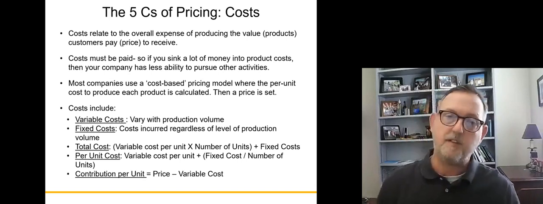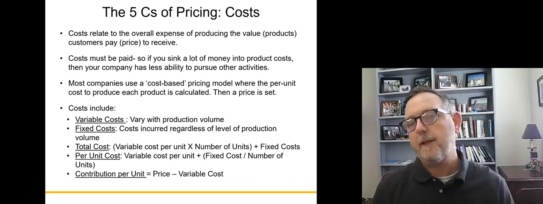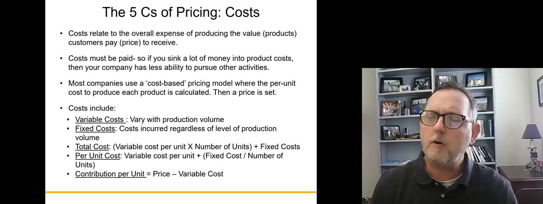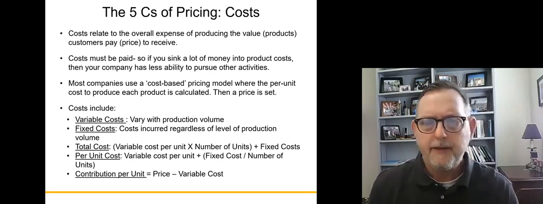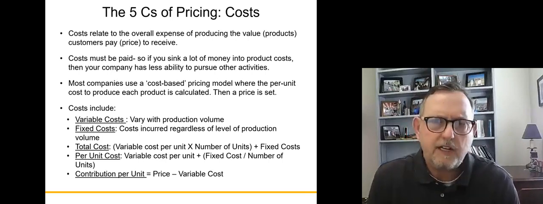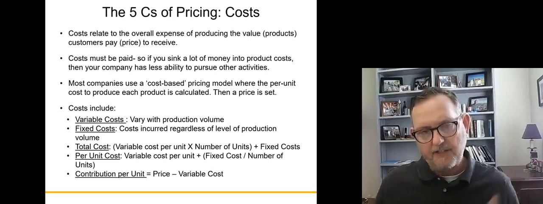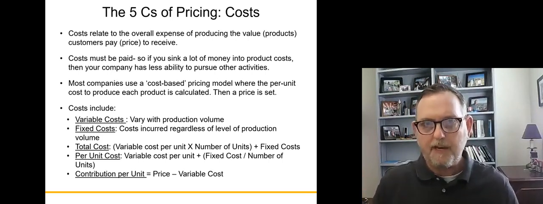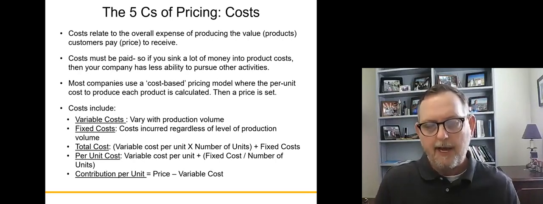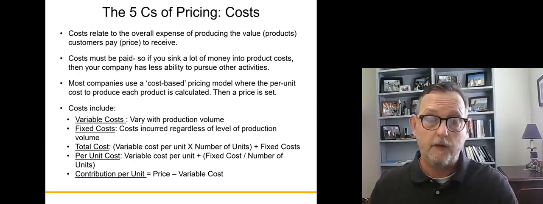Okay, then finally we're going to talk about something called contribution per unit. So this one here is a term you don't always hear a lot, but it's something that's super important that you need to know. And it's simple, it's not challenging, but it's basically this idea of, look, if I sell one unit and I pay for my variable costs, how much do I have left over that will contribute to overhead?